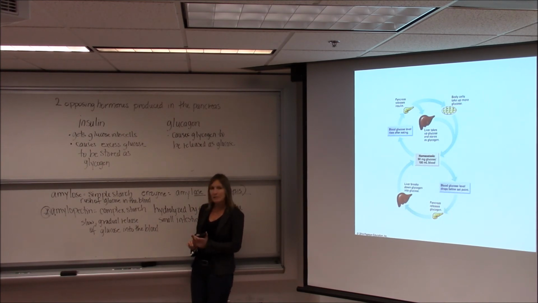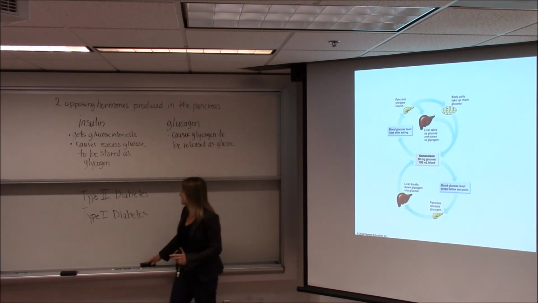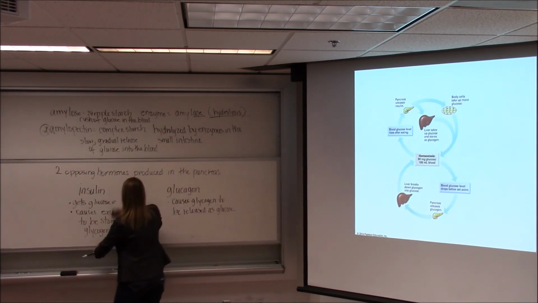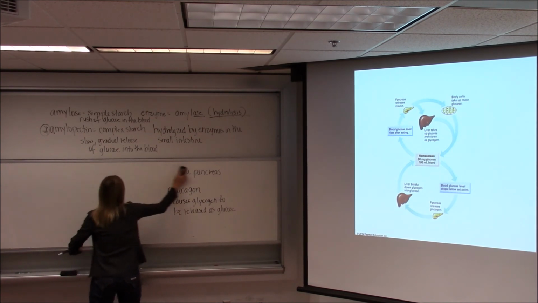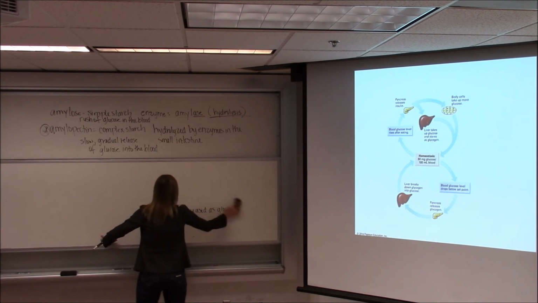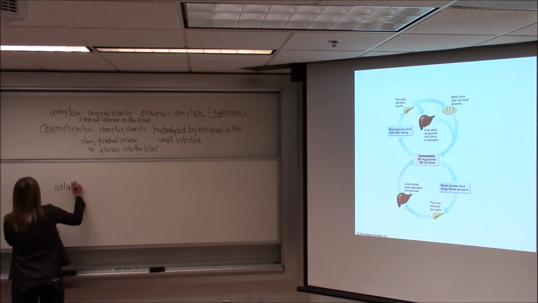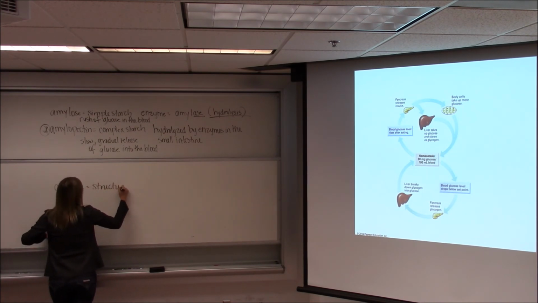Okay, one more type of carbohydrate you need to know about, and that is cellulose. And cellulose, again, is a structural polysaccharide, and it forms the cell walls of plants. So cellulose is structural, and it forms the cell walls of plants.